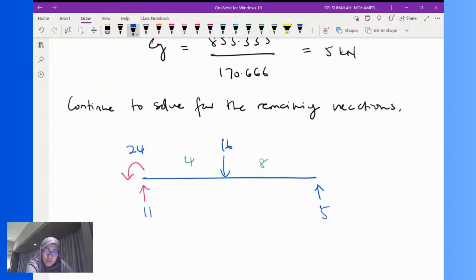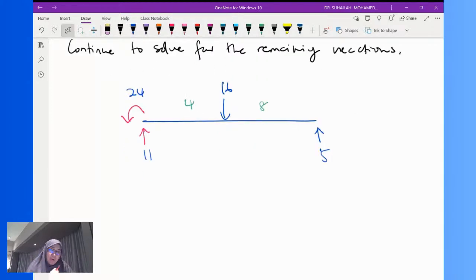Is it correct? The moment direction? Okay, looking at the diagram, we want to check the moment at A. This is just for checking.